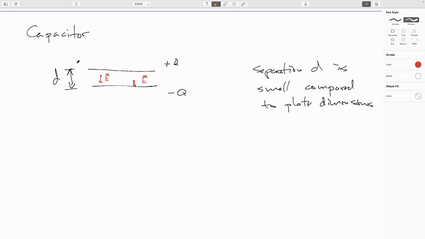And this comes from just using the methods of calculus to add up all the contributions to the electric fields from the positive charges and from the negative charges, just like we were doing with that off-axis dipole thing. There are some issues when you're right at the edges, but again, I will defer treatment of that till later. Anyway, the electric field strength for this will be the magnitude of the charge on either plate, big Q, over epsilon naught A, where A is the area of either plate.